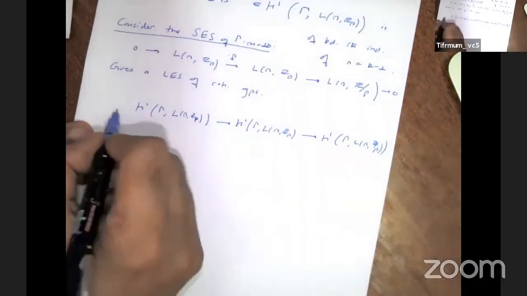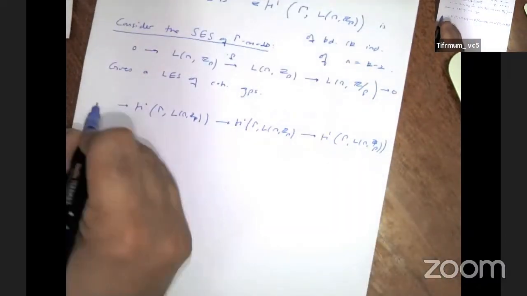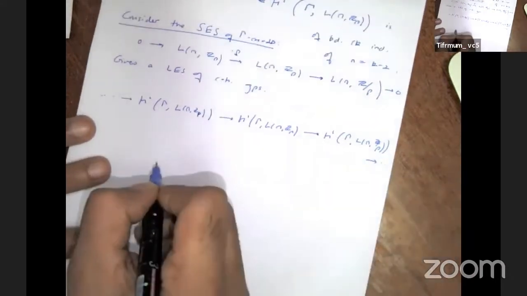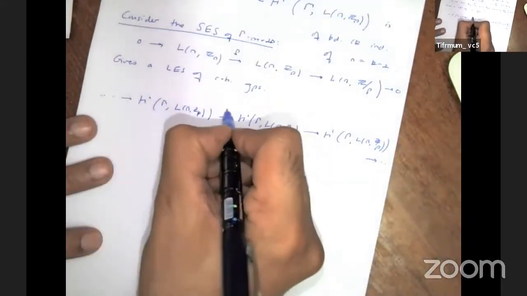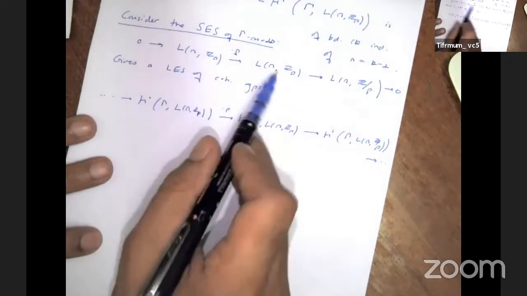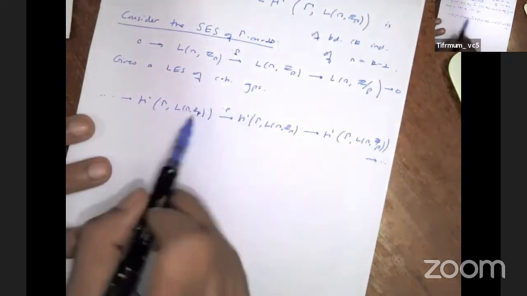There's H0, H0, H0 here, H2, H2, H2 here. It goes on in both directions. Okay? This is the multiplication by p map. On the polynomials, it's multiplication by p. So on cocycles, it's also multiplication by p.